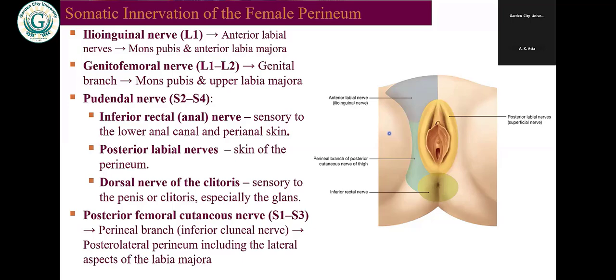Then from the sacral plexus, I mentioned that there's the posterior cutaneous nerve of the thigh. It also gives branches to supply this area. So the skin of the diamond-shaped perineal region is not supplied only by branches of the pudendal nerve, but also by branches from the ilioinguinal nerve, the genitofemoral nerve, and the posterior cutaneous nerve of the thigh.